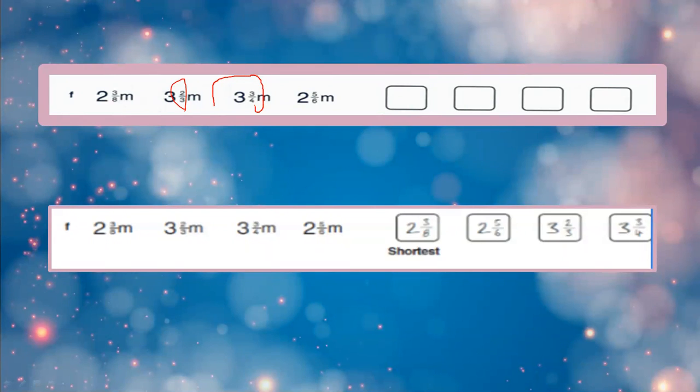Once you have done, check out the answers I have given you in these boxes. Which one will be the biggest and the greatest one? And once you have solved and understood the strategy, write a comment in the comment section.